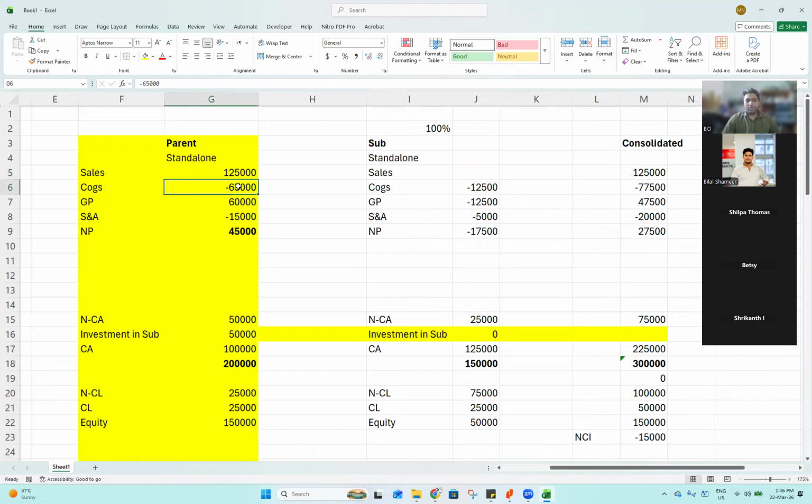You will have more profits there. You're eliminating. For example, assume all the COGS is from that particular company. Then what will be your profit? 92,500. Before, how much was it? 77,500. Clear? Why? Because this 15,000 profit, I will put it as 50,000.